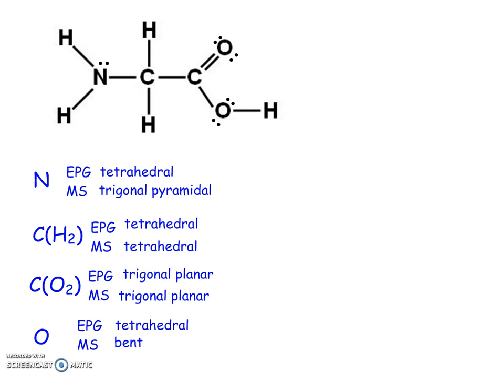So remember, when you're looking at electron pair geometry, you're counting the regions of high electron density, both bonds and lone pairs. When you're looking at the molecular structure, you're looking at the arrangement of the atoms themselves, not just those electrons. So the lone pairs are ignored when describing the shape.